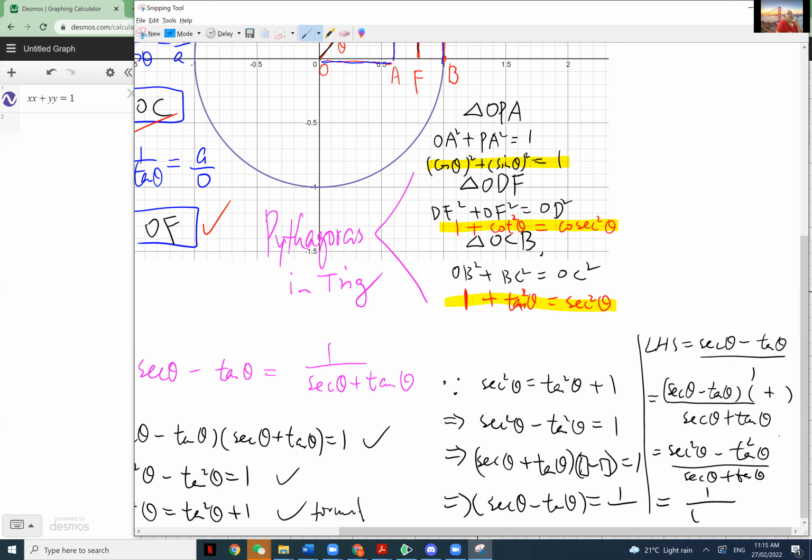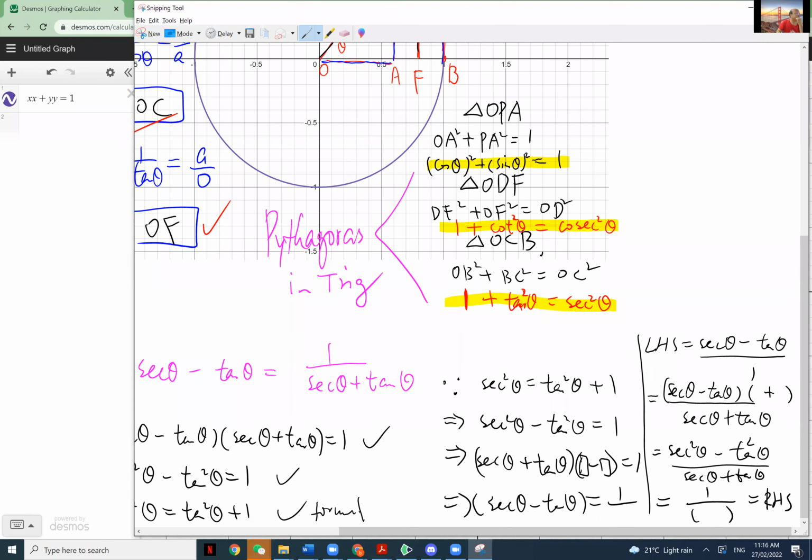Secant squared minus tan squared is 1, which is just right-hand side. Okay. This is pretty general. Idea general. Just we use one formula. Justin, any question? No, sir. Okay.